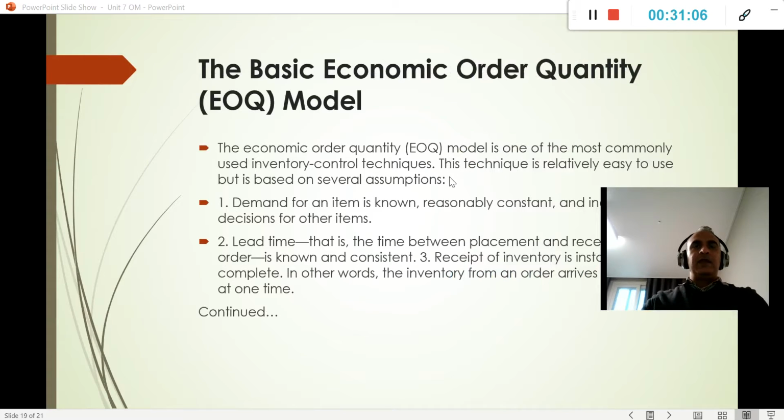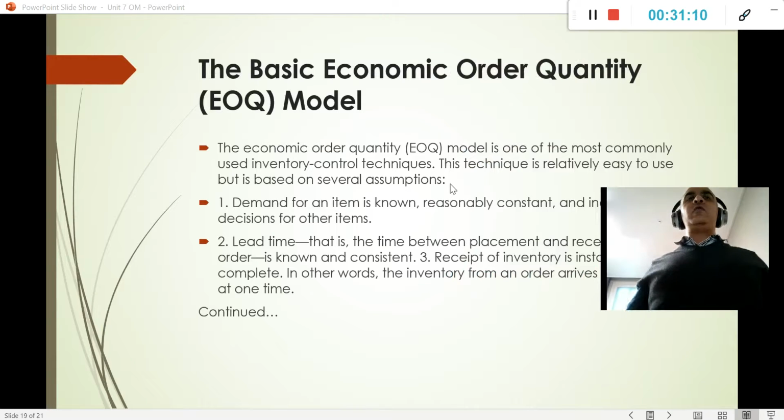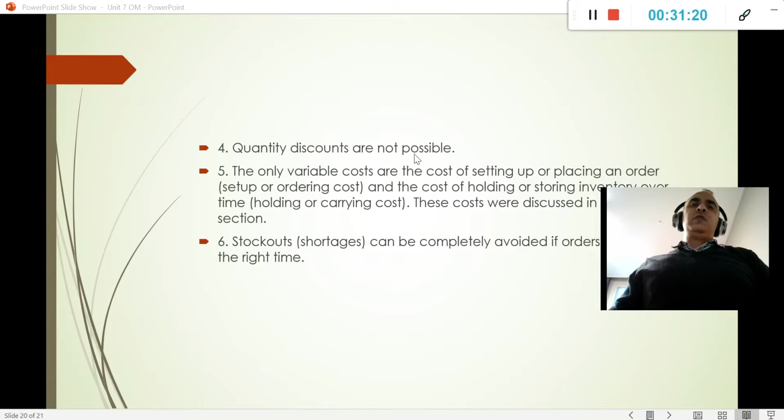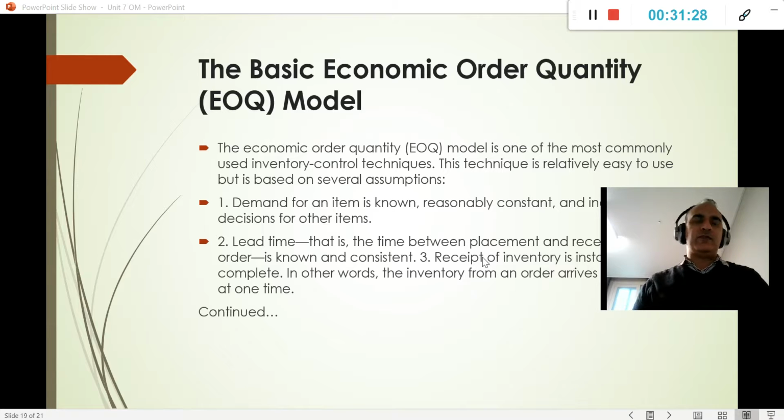Okay. This one I'm gonna, the basic economic order quantity. This is more of supply chain and I'm not gonna go through it much. I'm just gonna tell you roughly what it is, and that's all. It's a calculation where we measure exactly how much we need for the production.